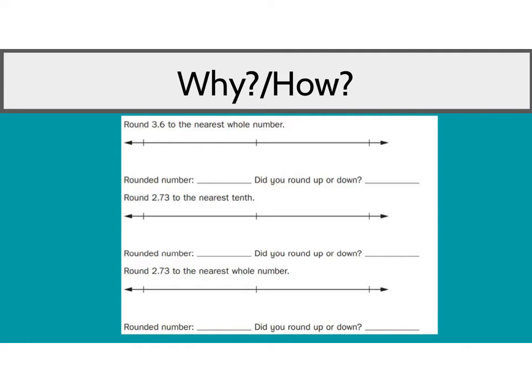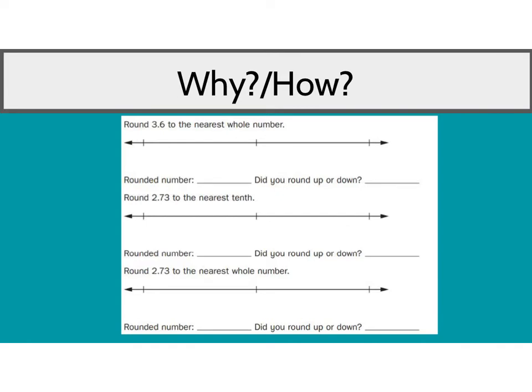A lot of times on the labels on the shelf in the grocery store, it will tell you a decimal, like a price per ounce or a price per pound. So a lot of times knowing what those decimals mean and being able to round them to the nearest whole number or decimal is going to help you figure out, how am I getting the best deal?